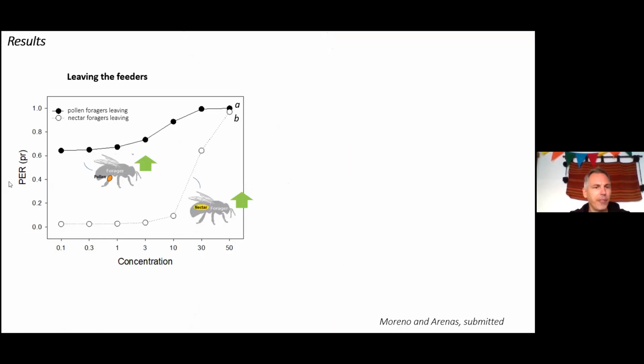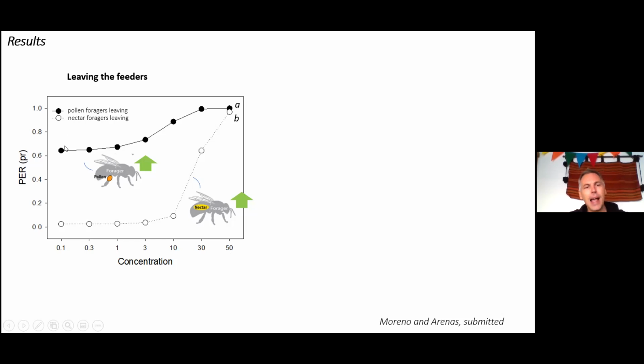Here we can see our first results. These are for pollen and nectar bees leaving the feeder. As you can see here, we have the proportion of proboscis extension response. Here we have the 7 concentrations that we offer during the experiment.